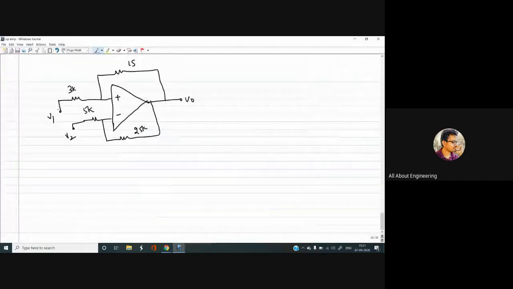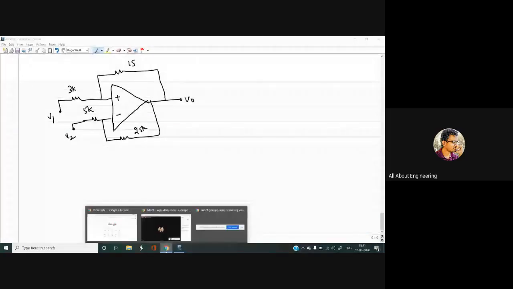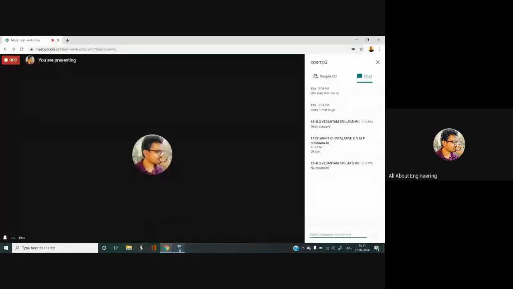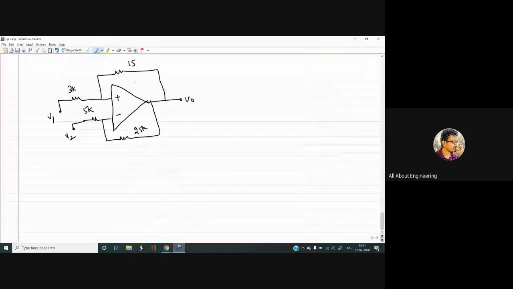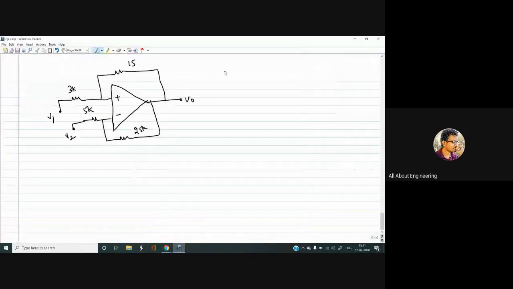Now, how do we determine the type of feedback in a circuit? To determine the type of feedback, there are two rules, or steps, to be followed. The first thing is, you open this loop here, you cut this part, not this entire thing.